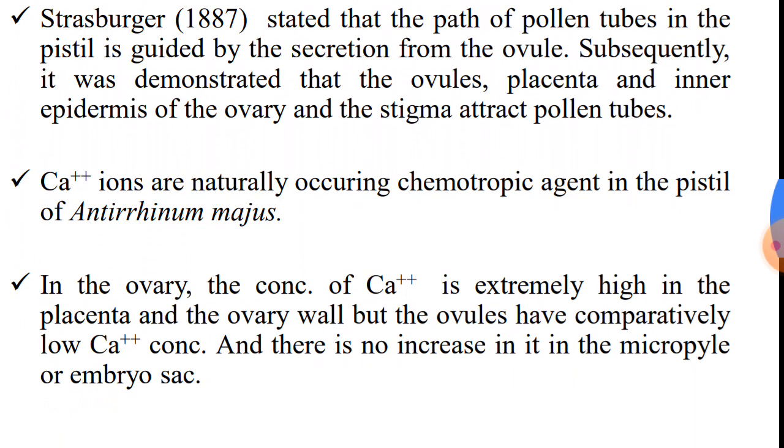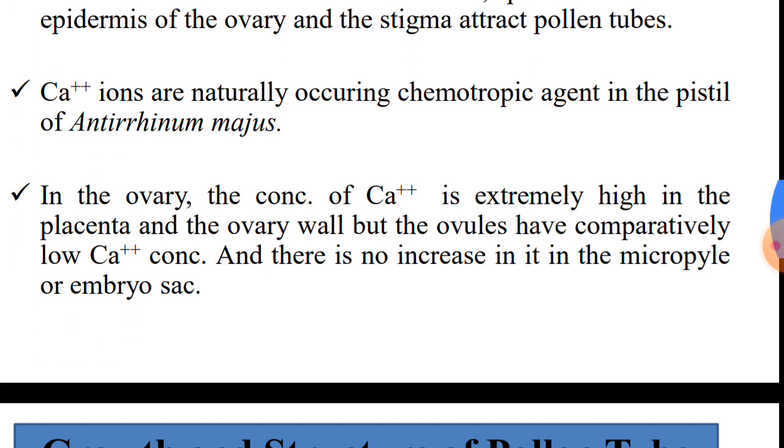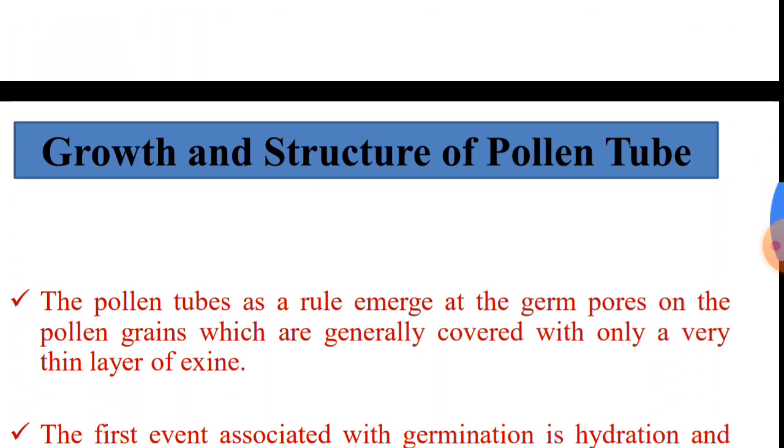Calcium ions are naturally occurring chemotropic agent in the pistil of Antirrhinum majus. In the ovary, the concentration of calcium ion is extremely high in the placenta and the ovary wall, but the ovules have comparatively low calcium ion and there is no increase in it in the micropyle or embryo sac.